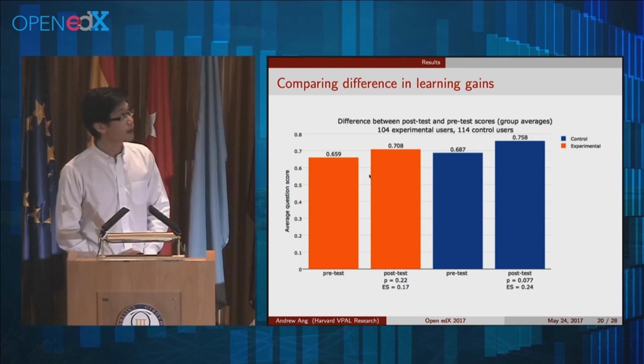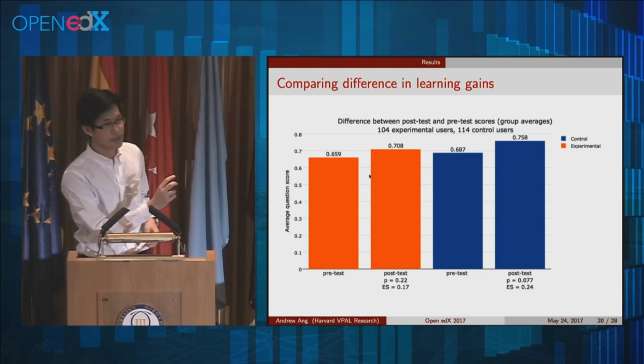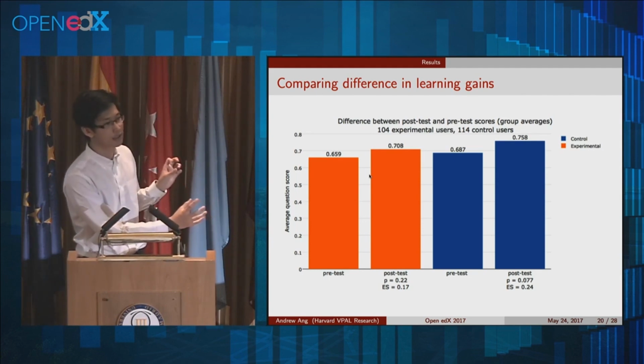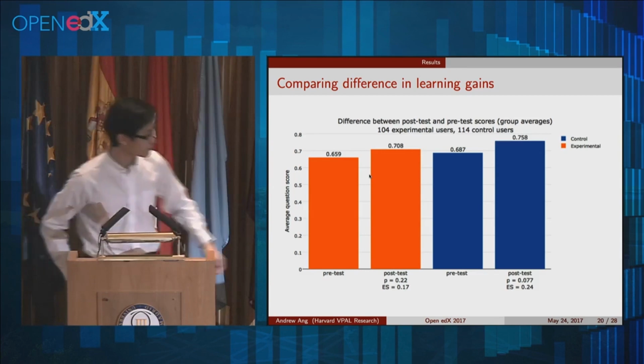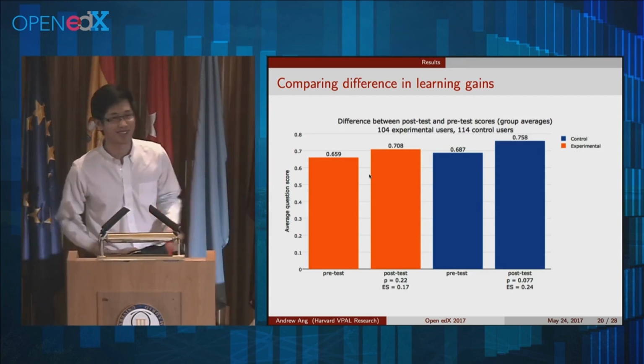It increased for both groups, but the difference between the pre and post, comparing between the groups, was not significantly different, which means we didn't screw up their learning experience.